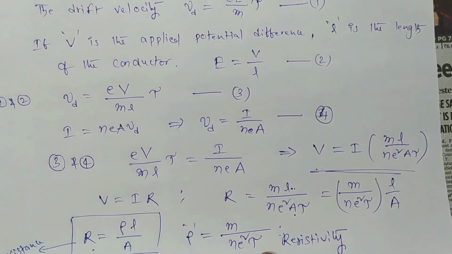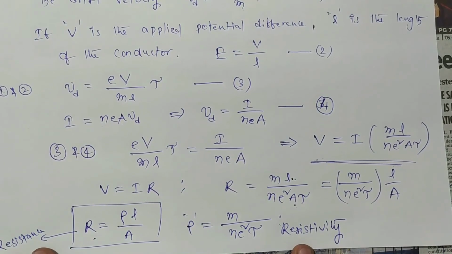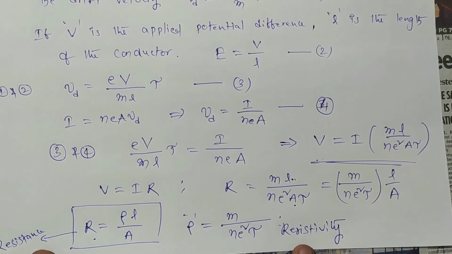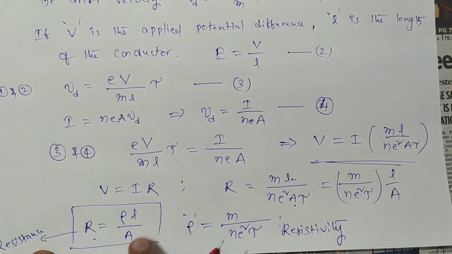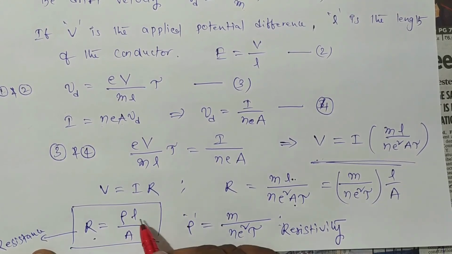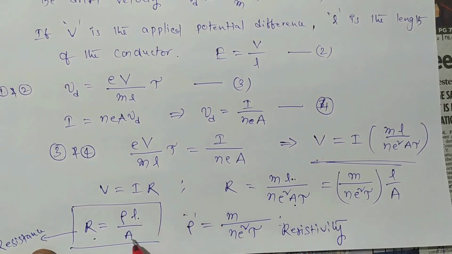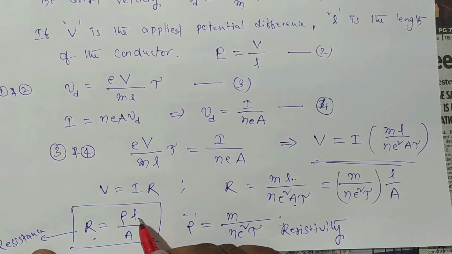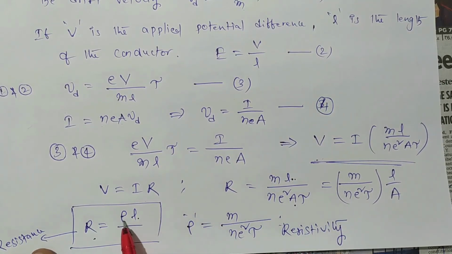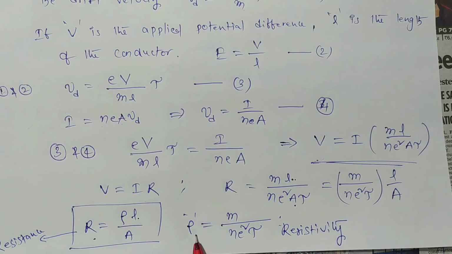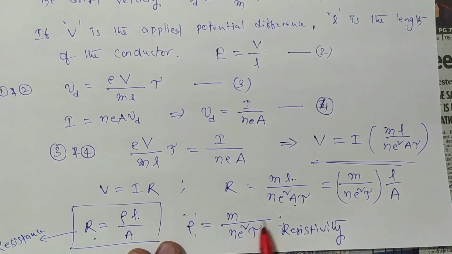Remember, resistivity and resistance are two different words. The resistance depends upon the length of the conductor, the area of cross section of the conductor, and also the nature of the material, that is rho. But rho is purely the nature of the material.